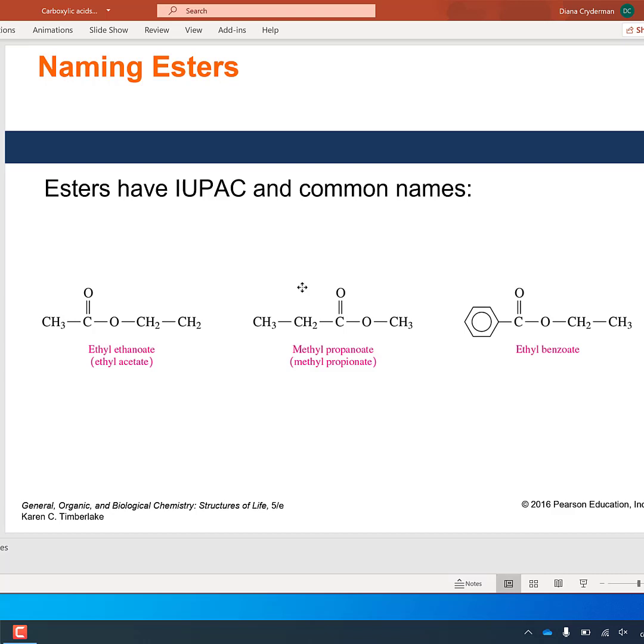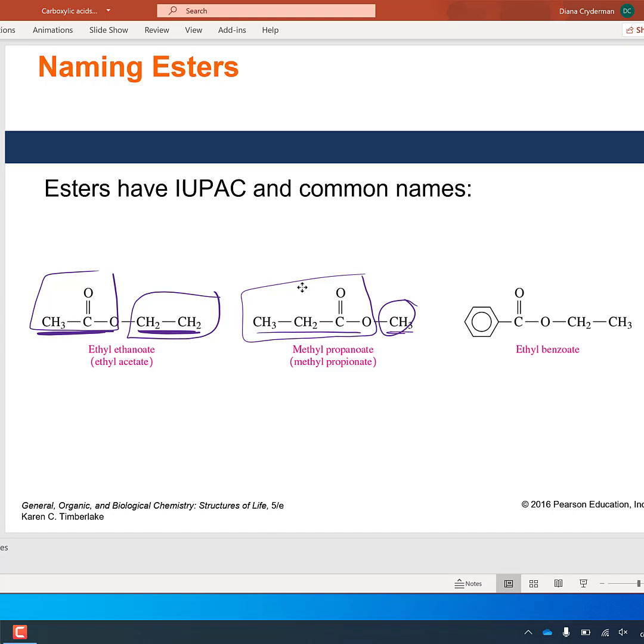Other examples here. Here's an ethyl and an ethyl, so ethyl ethanoate. Here we've got a methyl attached to a 3-carbon carboxylic acid ion, so methyl propanoate.